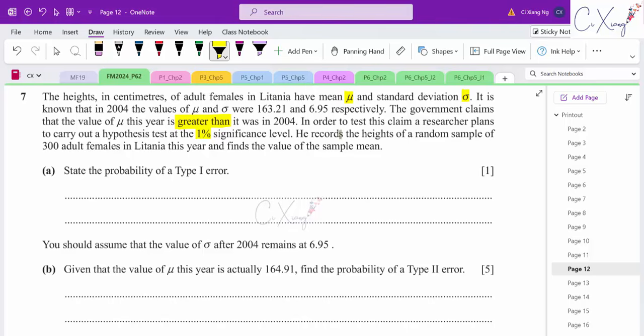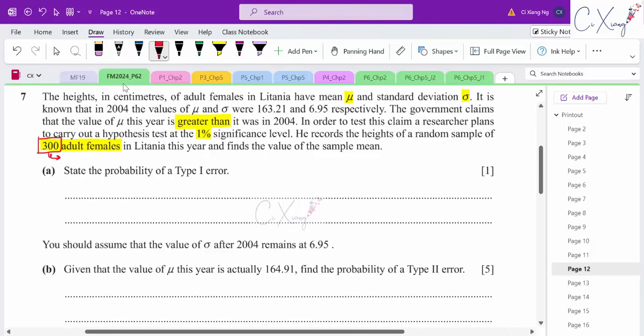We are testing the population mean for this year. Therefore, we need to note that he is taking a random sample of 300 adult females, and this is the sample mean, n equals 30 or more. When the sample size is large, where n is greater than or equal to 30, the distribution for the sample mean is approximately normal because we apply the central limit theorem.